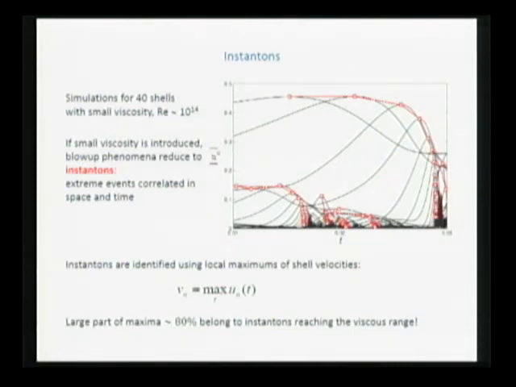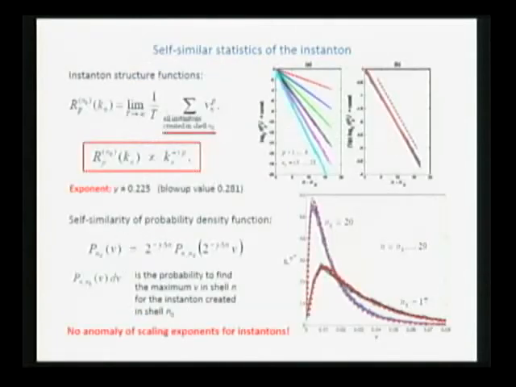And then we find the PDF, probability density function, of the velocities at the shell n. So we have two conditions, that it started at n0, and we look at the shell n. Just very simple criterion. So we have full self-similarity of the probability density functions you can see here, and this red dashed curve is the curve that we will find analytically soon.